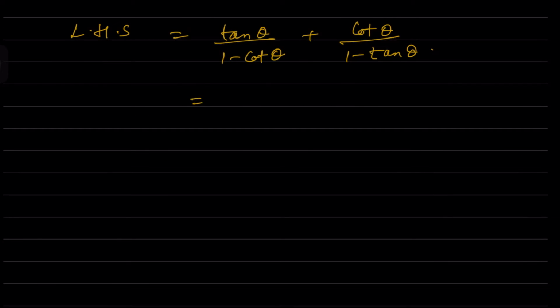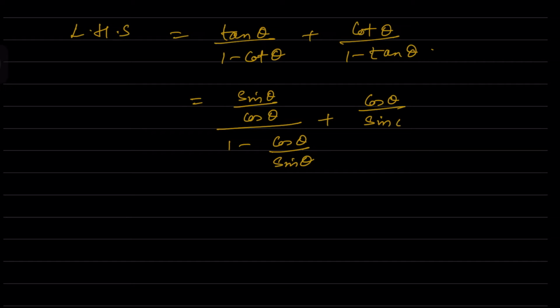So this is equal to sin theta by cos theta by 1 minus cos theta by sin theta, since we are writing tan theta as sin theta by cos theta, plus here you are having cos theta by sin theta by 1 minus sin theta by cos theta.